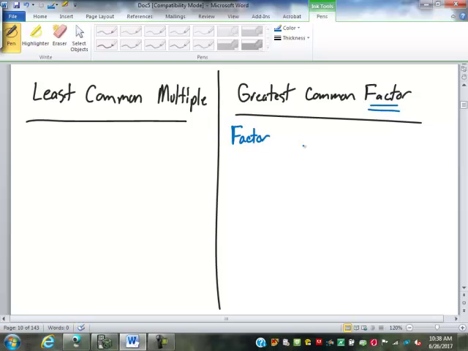Remember, a factor is a building block or a piece of a larger number. A factor divides into that number evenly. Factors are the numbers that can be multiplied together to make that larger number.